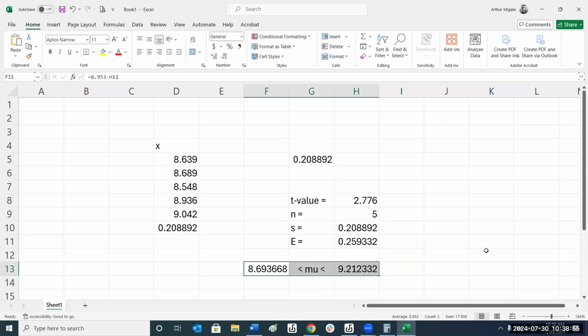So this is my confidence interval. But what's wrong with the numbers? Why are these wrong?